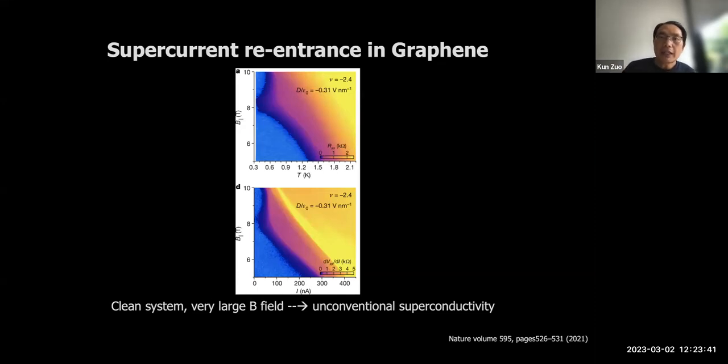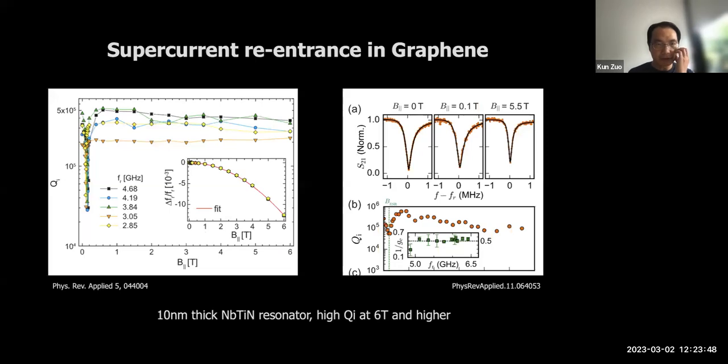But on the other hand, nowadays it's already become very clear. For the 10 nanometer thick niobium-titanium nitride resonators, if you measure the resonator quality factor, Q internal, at around 6 Tesla, the Q factor is still very, very high. That means we still have singlet Cooper pairing at 6 Tesla in about 10 nanometer thick niobium-titanium nitride.